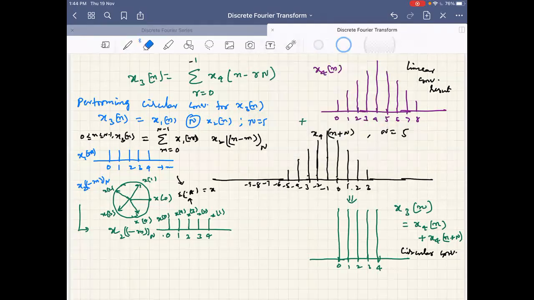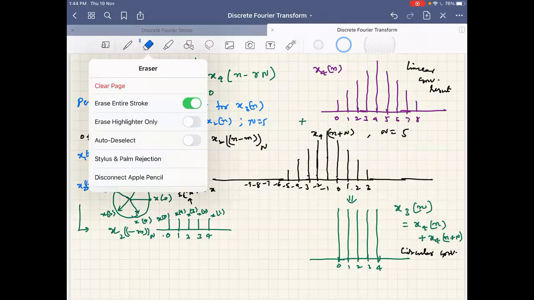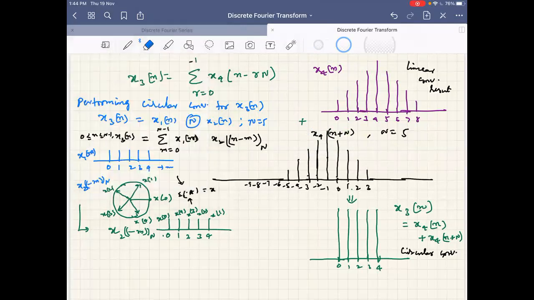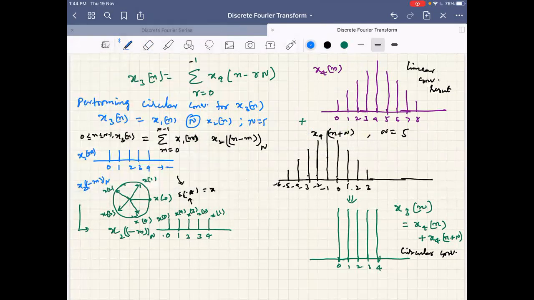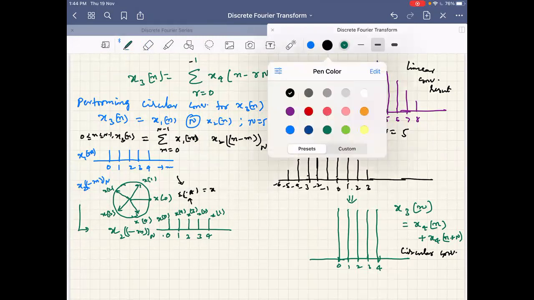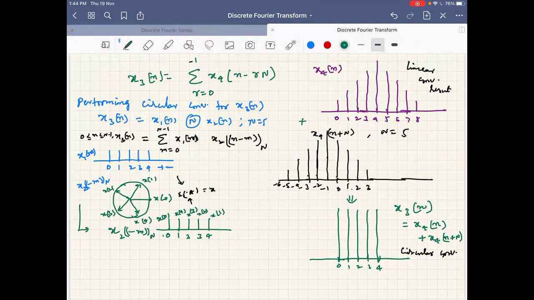To avoid confusion, let me erase these. I want to write the convolution result, x3 of 0.